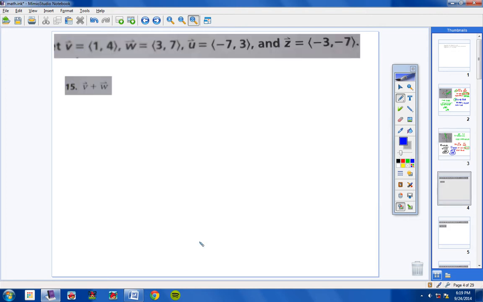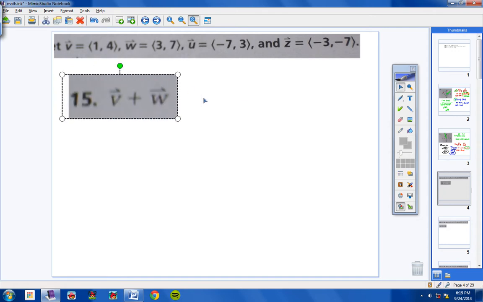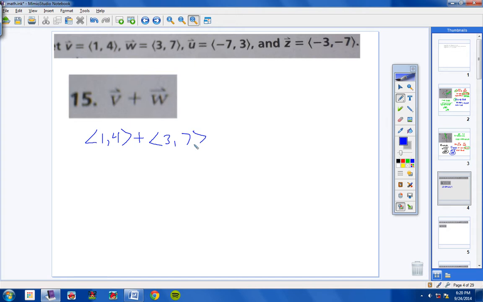Okay? All right, moving on to numbers. Here we go. Let's see, number 15. We're going to add vector v plus w. This will be done very quickly. Vector v is 1, 4, plus vector w is 3, 7. Add those together. 1 plus 3 is 4. 4 plus 7 is 11.